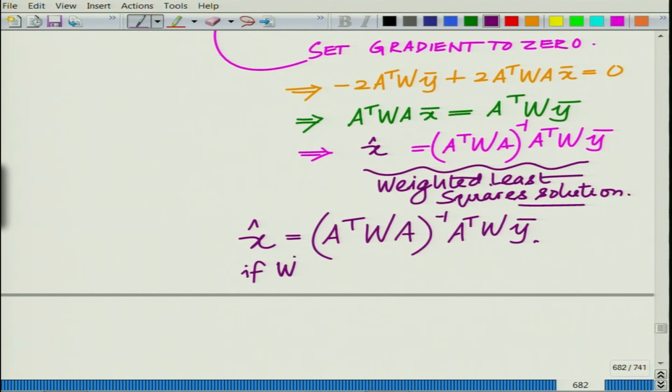Now you can see if W equals identity, then you again get back the previous solution, which is A transpose A inverse A transpose y bar. This is your conventional, you can call this your standard least squares, SLS.